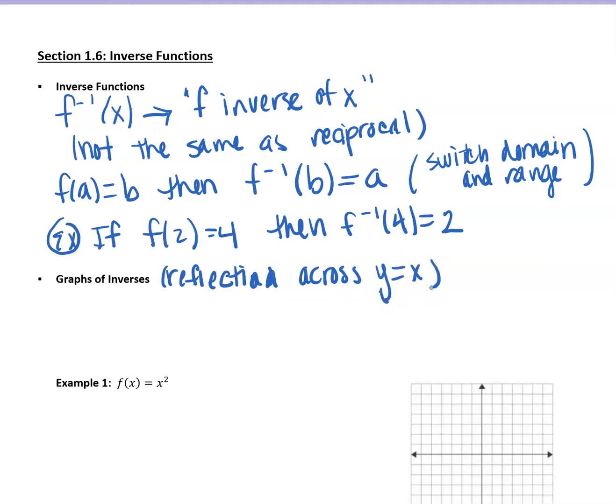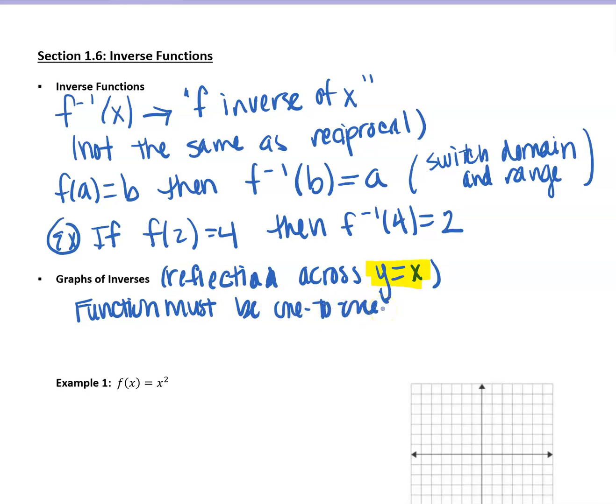Now, we've already looked at symmetry with origin symmetry and symmetry on the x or y axis. This is a reflection, not just over one of the axes, but a reflection over y equals x. It's really interesting how this graph would look. And this means that the function must be 1 to 1, going all the way back to the beginning of this unit.